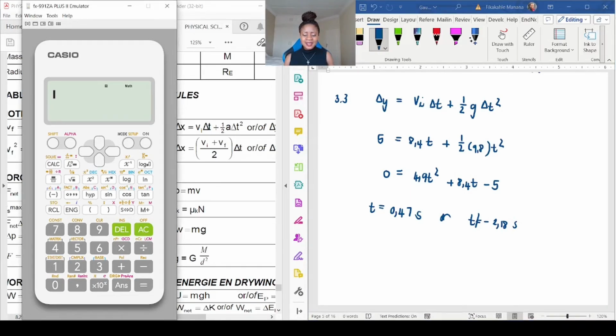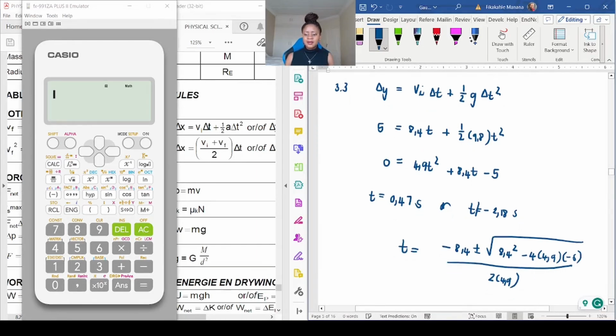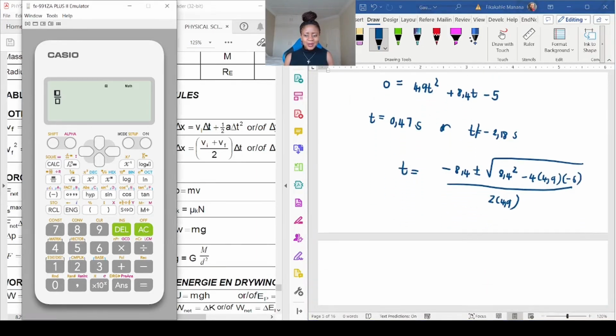I would say, remember the quadratic formula would be t is equal to negative 8,4 plus minus the square root of 8,4 squared minus 4ac, and all of that is under a square root, and we're going to divide by 2 times a. Okay, that was not so bad. That was actually quite quick.